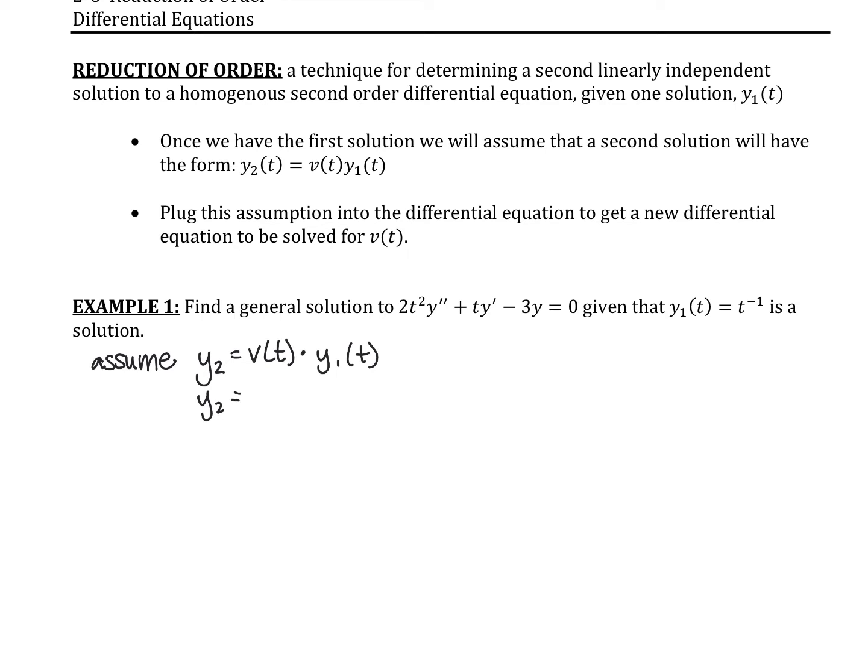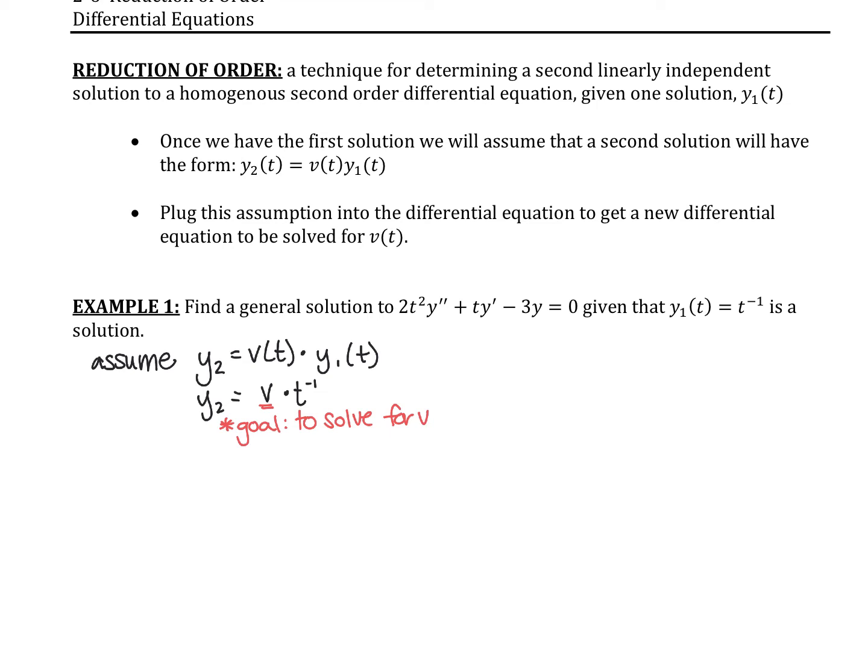So y2 is going to be v times t raised to the negative 1. That's what I'm assuming my second solution is going to be. Now, my goal here is to solve for v. Just so you know what we're trying to get. My whole point of this is to get v.